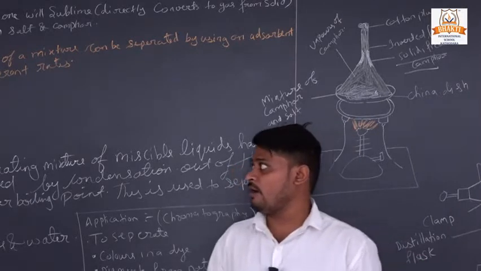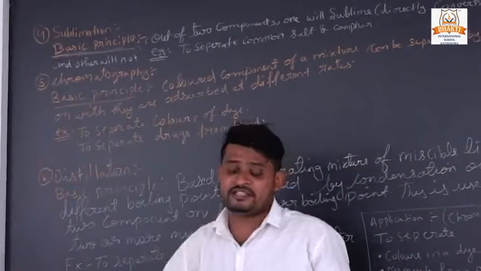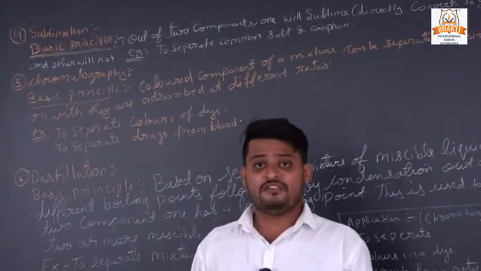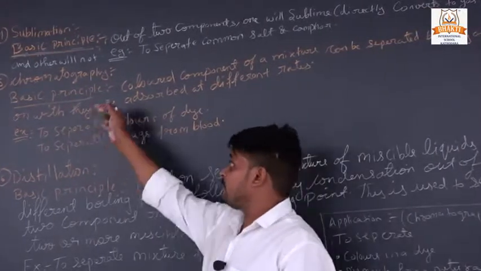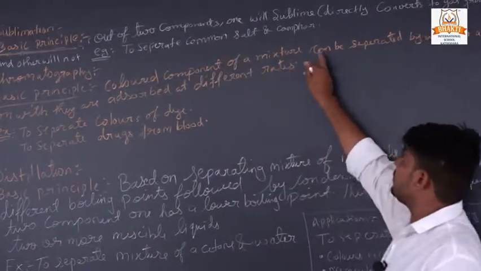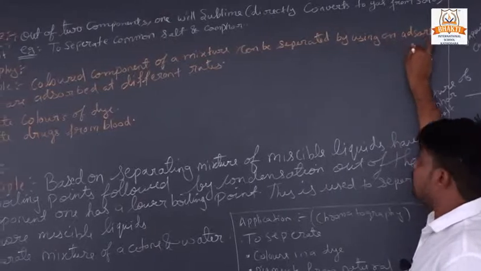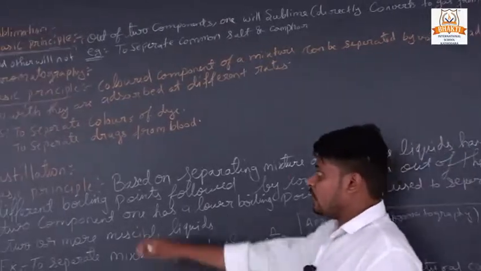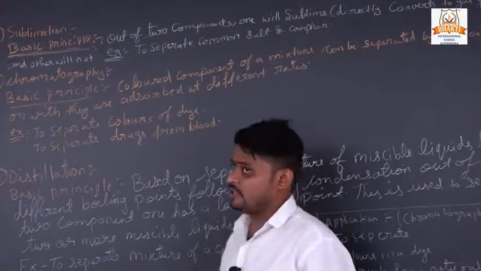Then we go to our next topic, chromatography. It is another method of separation. In this method the basic principle is that colored components of a mixture can be separated by using an absorbent on which they are absorbed at different rates.